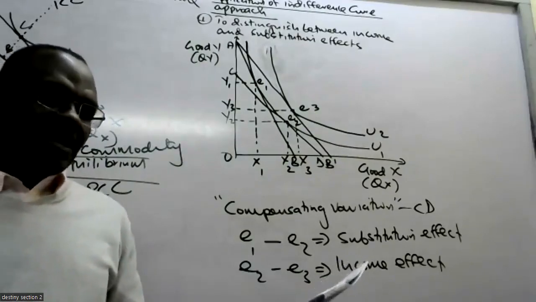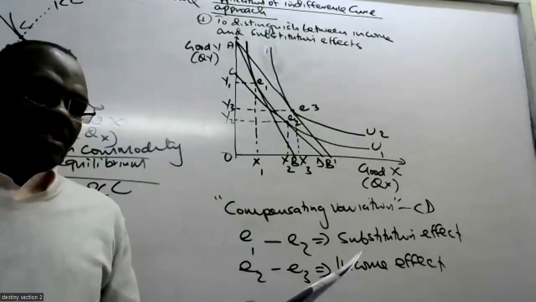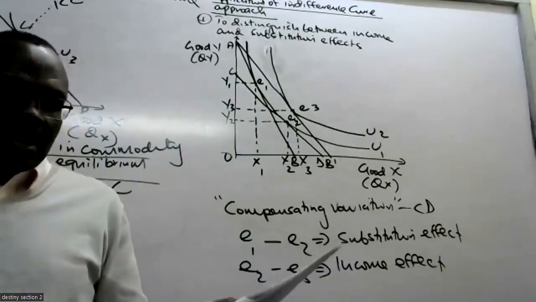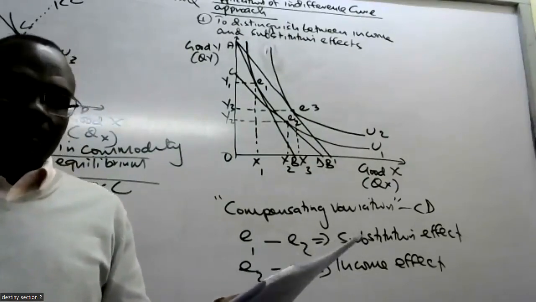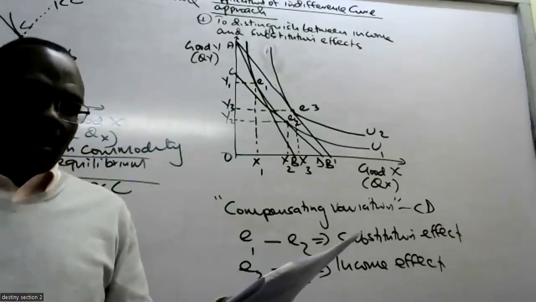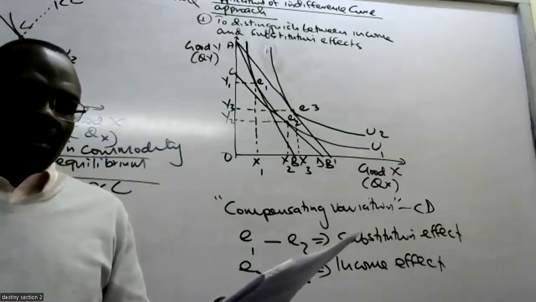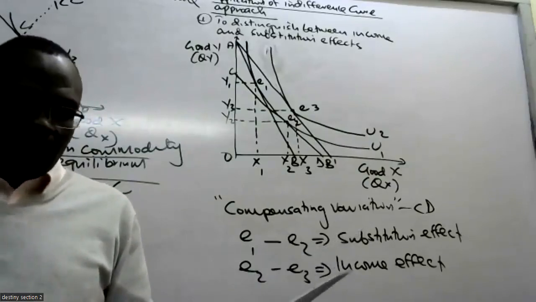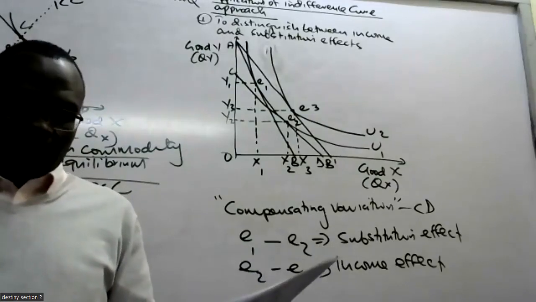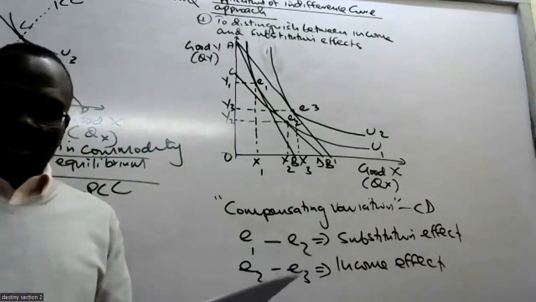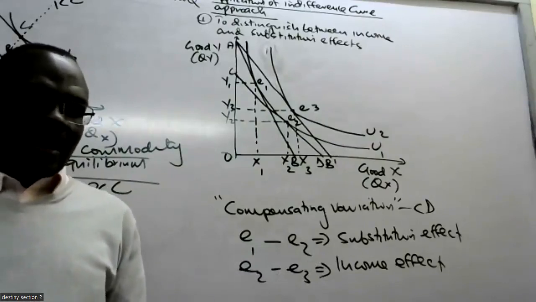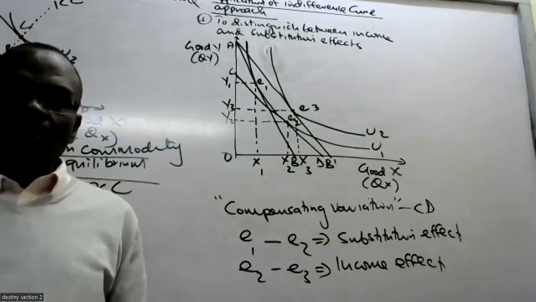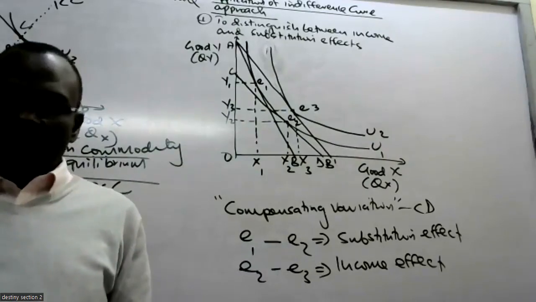You introduce that by bringing in a new budget line called CD. So first, eliminate the income effect by assuming that accompanying the fall in the price of commodity X, there is a compensating variation of income that leaves the consumer at the same level of utility as before the price change, i.e. U1. The original budget line is AB, while the budget line after the price of commodity X has fallen is AB prime.